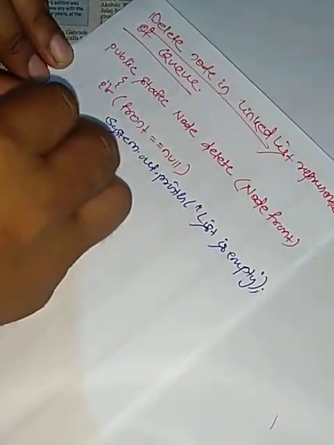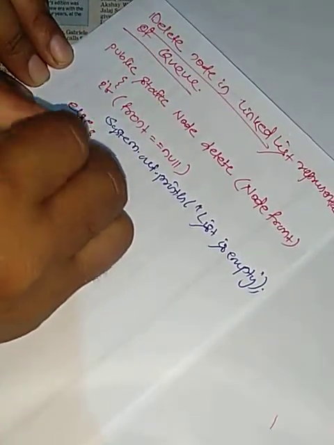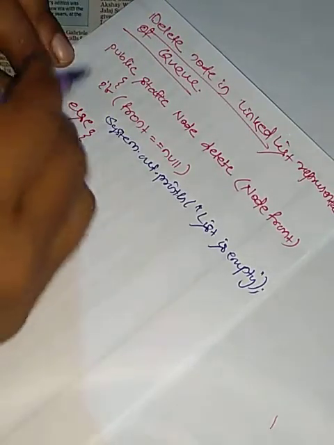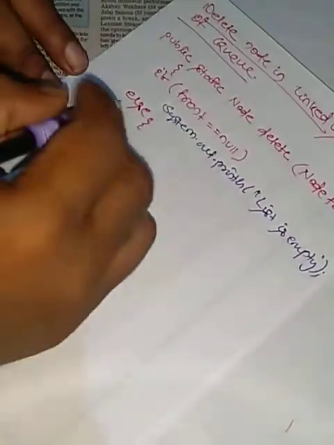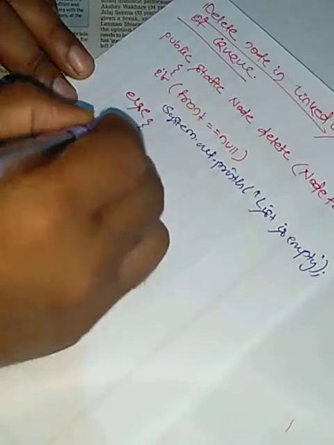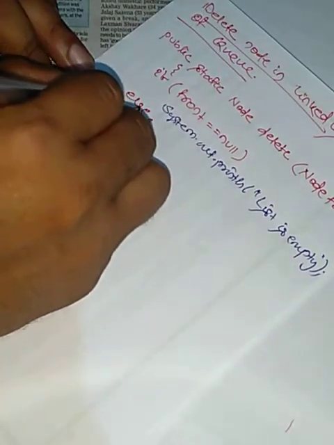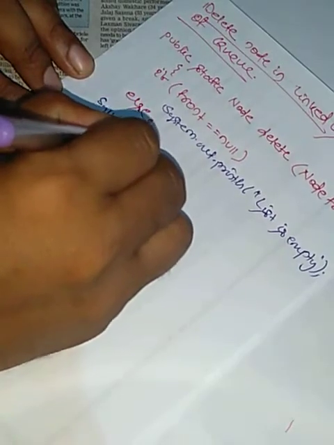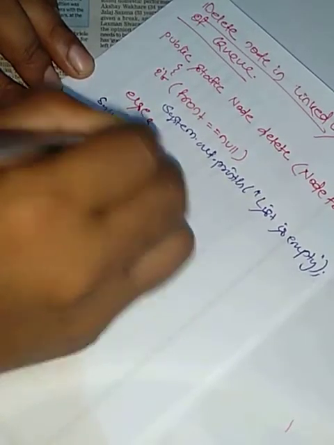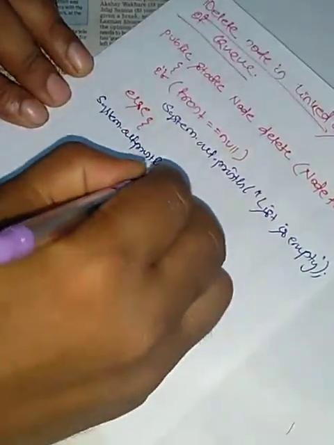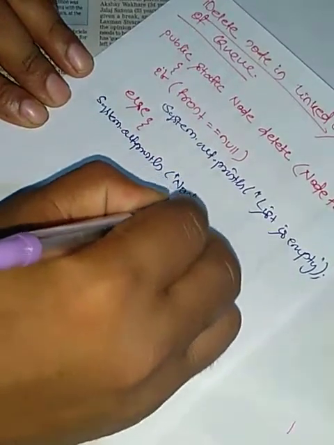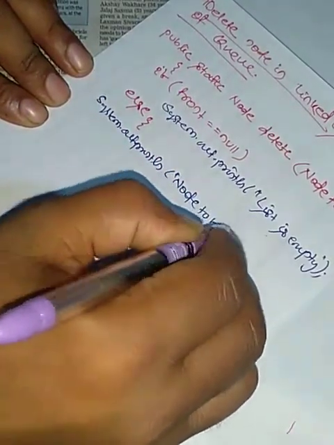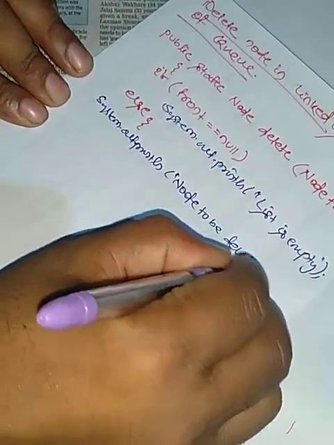Else, what we'll do? We'll display the element which is to be deleted. System.out.println("node to be deleted").